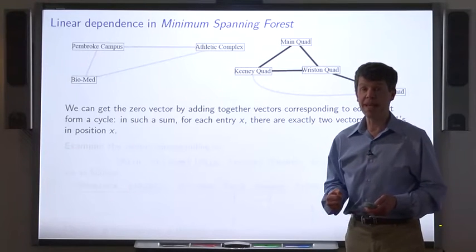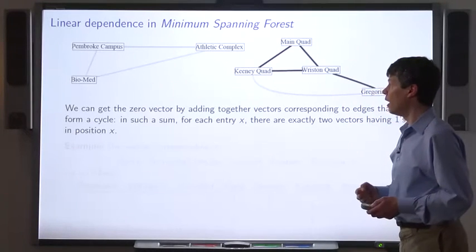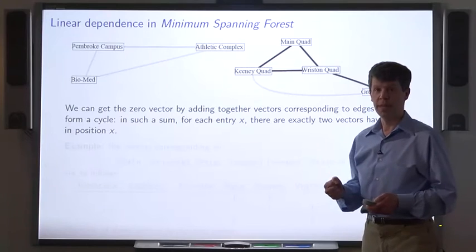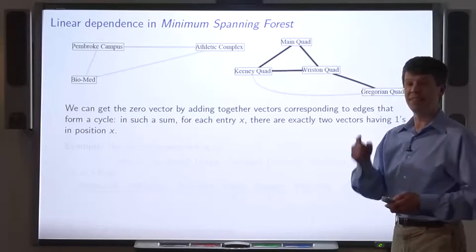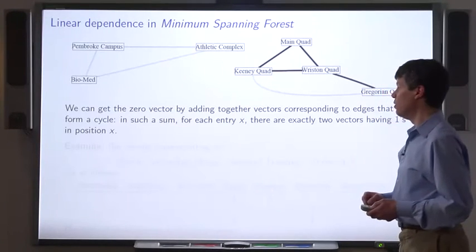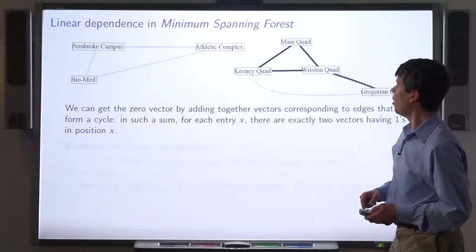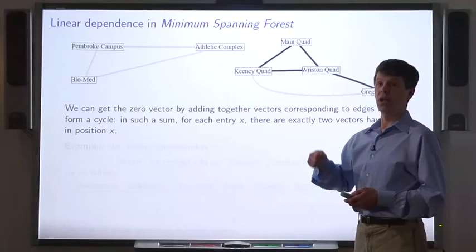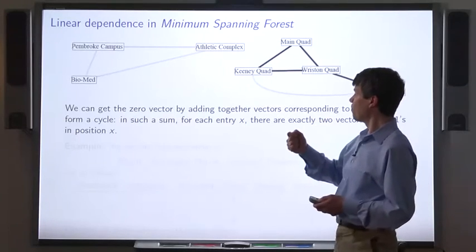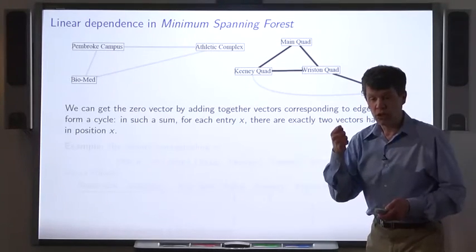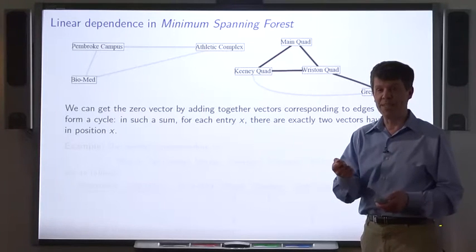Now, in minimum spanning forest, a zero vector can be obtained by taking the vectors that correspond to edges that form a cycle. So in such a sum, for each node or each label, there are exactly two vectors that have a 1 in that position.